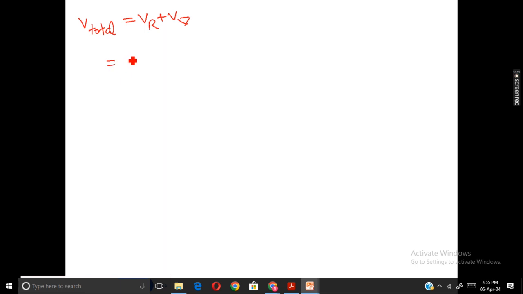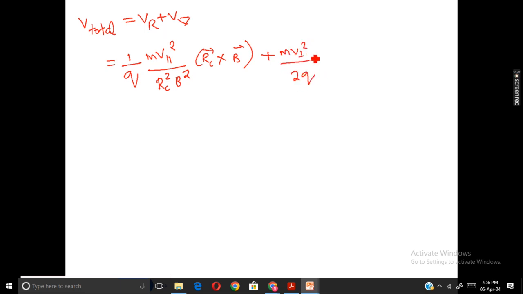So it will become 1 by q, m v parallel square by Rc square B square into Rc cross B, plus m v perpendicular square by 2q into B cross del B by B square.